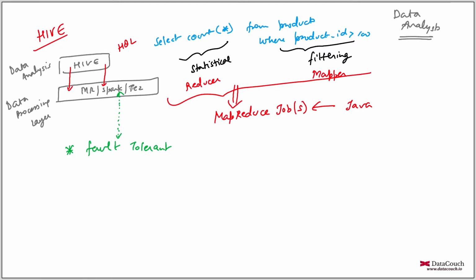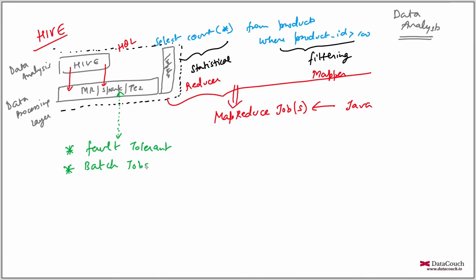Impala is not fault tolerant, because Impala runs somewhere here, not on MapReduce or Spark. So Impala is here in this architecture, and Impala has its own Impala query language. This is a very important difference. If some technology is fault tolerant, you can fire and forget. You can run batch jobs very easily.